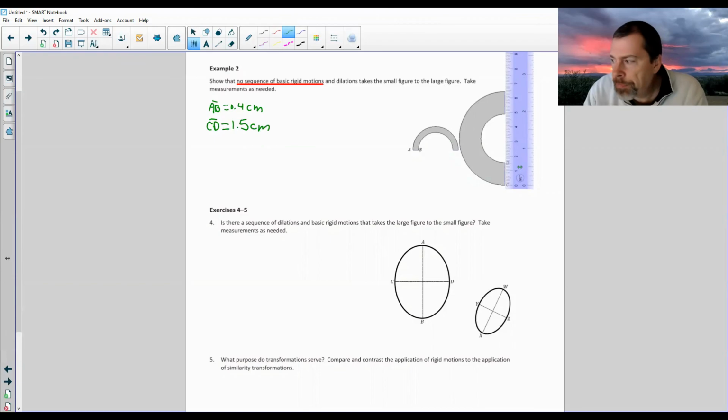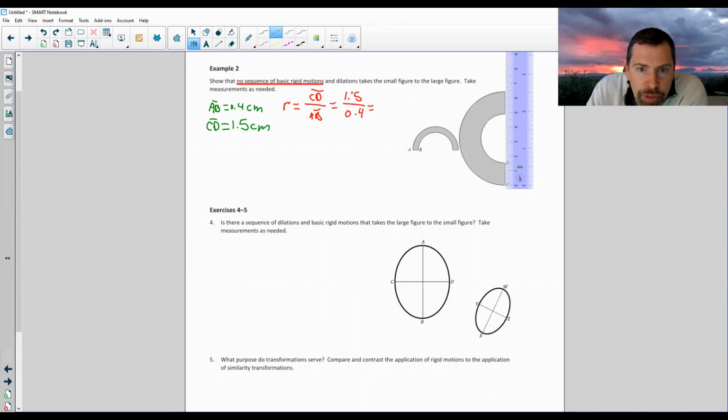All righty. So to find the scale factor, we are going from small to big. That means R is greater than 1. CD is greater than AB. So R would equal the length of CD divided by the length of AB, which would equal 1.5 divided by 0.4.